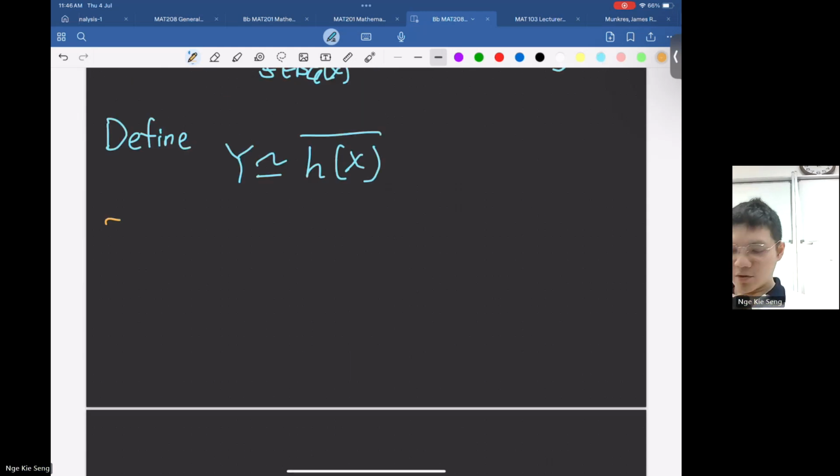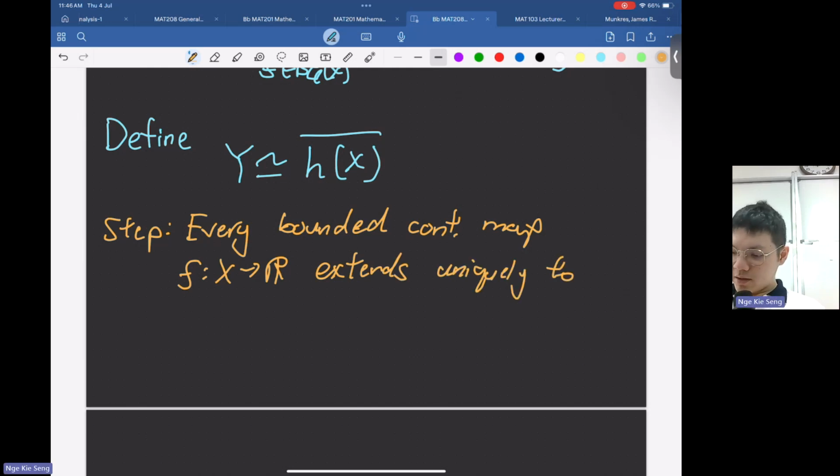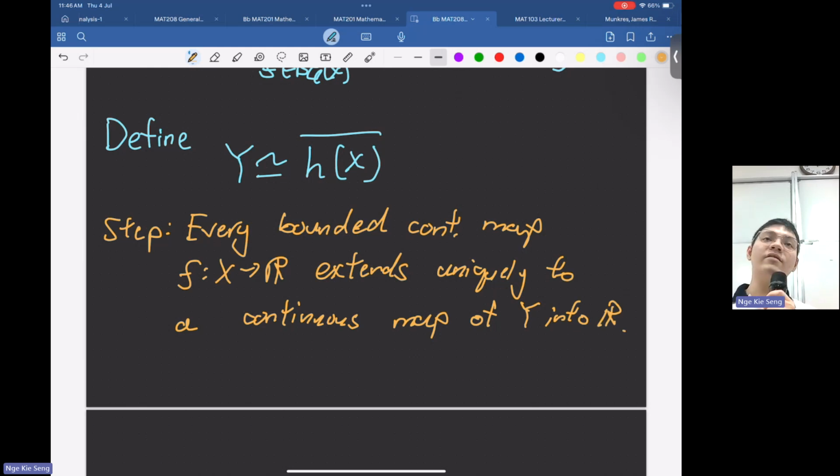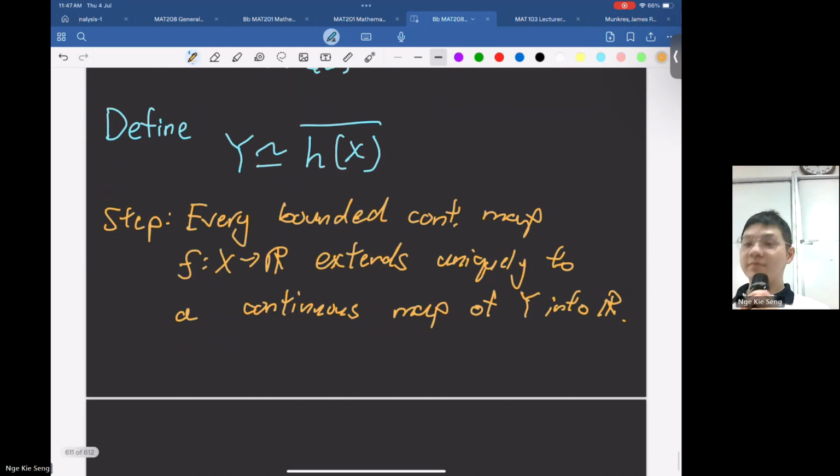Step 2, we need to show that every bounded continuous map extends uniquely to a continuous map into R. Okay, so we need to prove this. So there are two parts, right? We need to prove existence, we need to prove uniqueness. So is it clear how to prove?